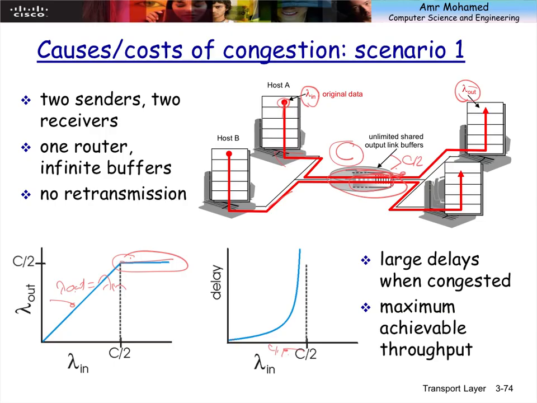It will go out. But once you approach the capacity of the router, it will start to fill the buffer. The critical part of the delay here will be the queuing delay. As the router builds up the buffer, the queuing delay will start to increase exponentially.